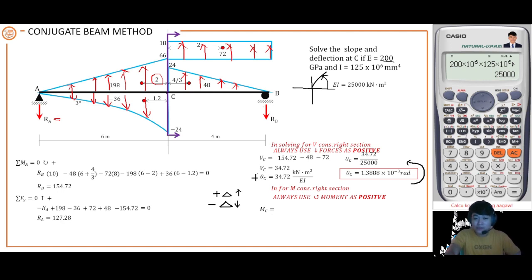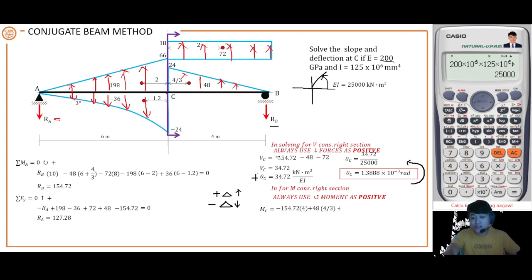Let's get the moment of this load, RB, and the upward loads 72 and 48. So for RB, that is clockwise, so negative RB 154.72 times the distance of 4. This is counterclockwise, so plus, again, counterclockwise is positive, and the distance going to C is 4 thirds.